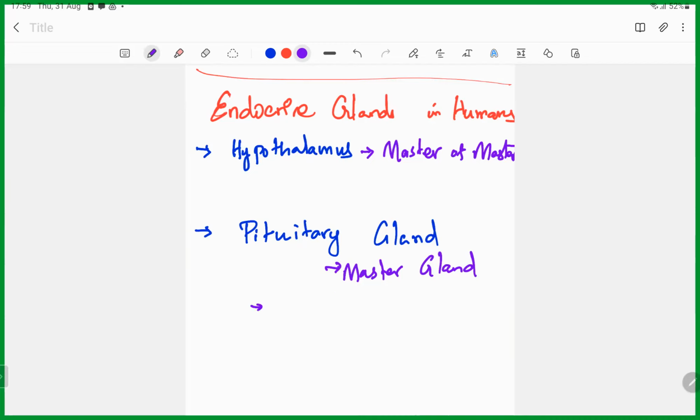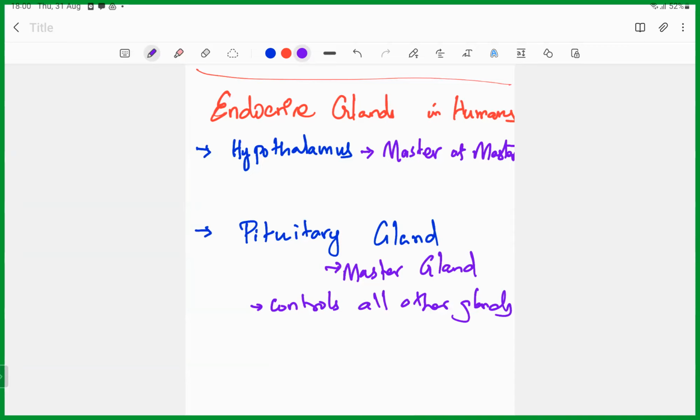Pituitary controls all other glands. Can you understand? Pituitary is called master gland because it controls all other glands. Later we came to know that pituitary is under the control of hypothalamus.